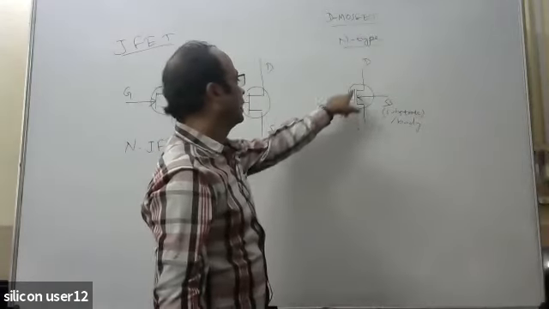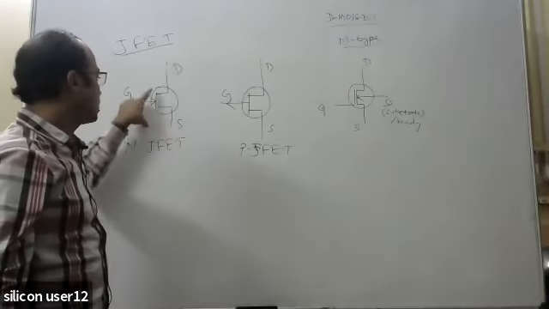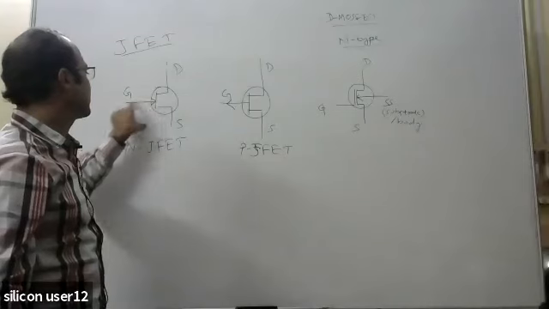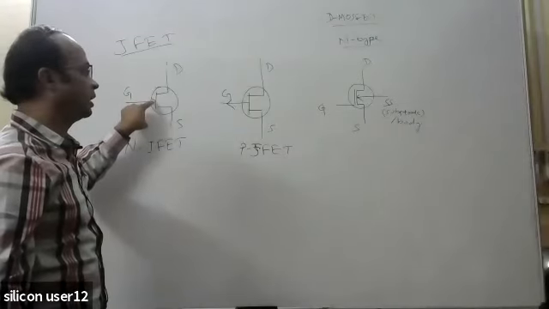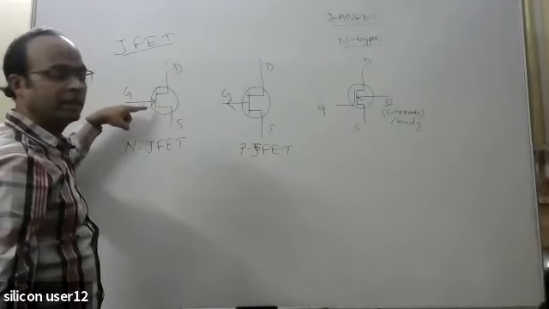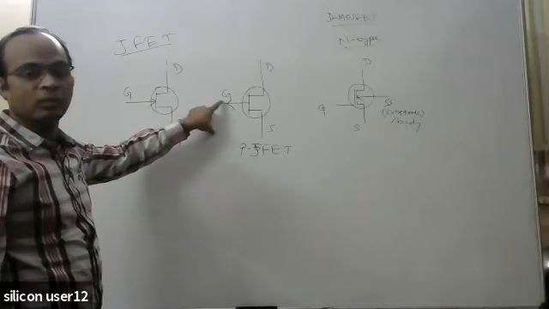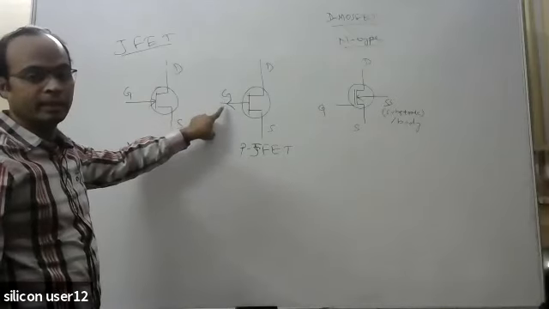You can see two lines are there in the D MOSFET, while in the case of your JFET only one line is there. The gate is drawn in the middle, and if the arrow is inside, it indicates an N type JFET, and if the arrow is outside, it indicates a P type JFET.